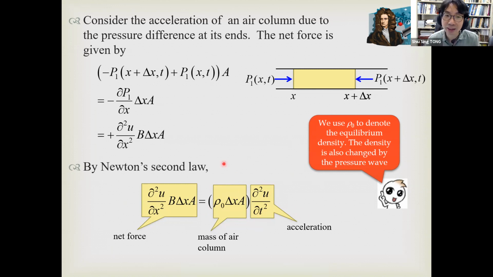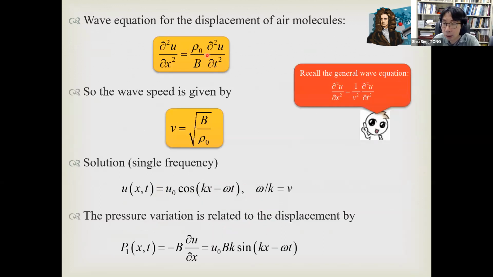We equate the force produced by the pressure difference with the mass times the acceleration of the air column. Now you immediately see that the delta x cancels, the A also cancels on both sides, and that results in a familiar wave equation.